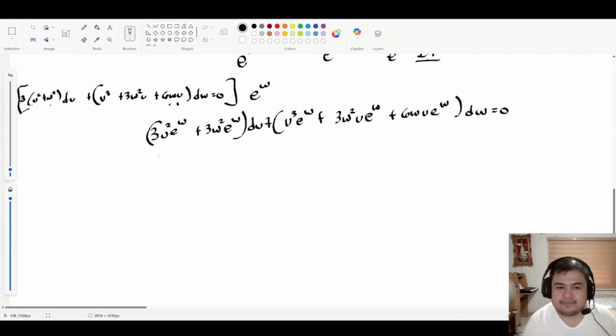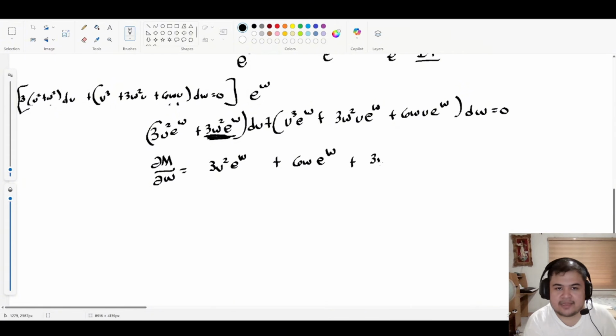Okay, we could try. So for the left side, m with respect to w, this becomes differential of e^w is e^w. Then the 3w squared e^w will become 6w e^w plus 3w square e^w. So that's the product rule of the second term.